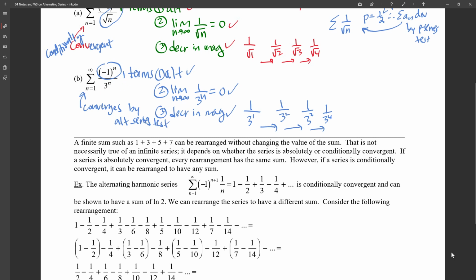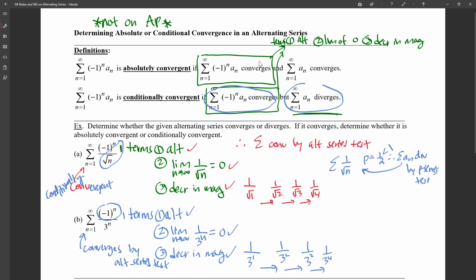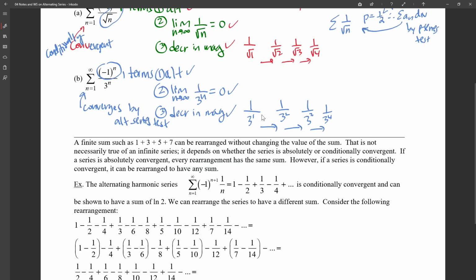Now, once we know that a series converges by an alternating series test, if we ignore this alternating part, we can find out if the series converges absolutely or conditionally. So we take the series of just the a sub n, which is 1 over 3 to the n, and figure out, does this series converge or diverge? It might feel like we've already done this, but we haven't.